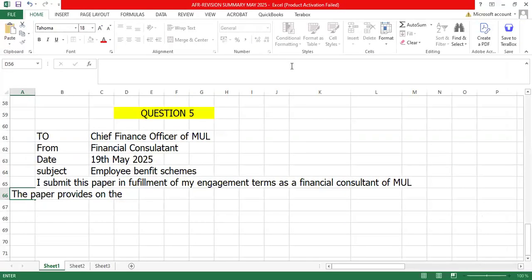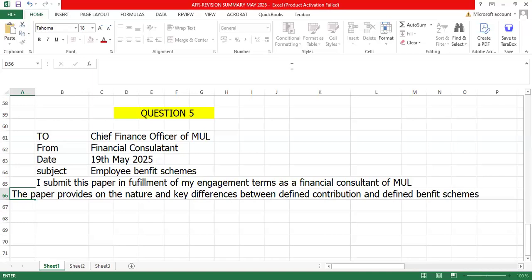The paper provides guidance on the nature and the key differences between a defined contribution and the defined benefit schemes.